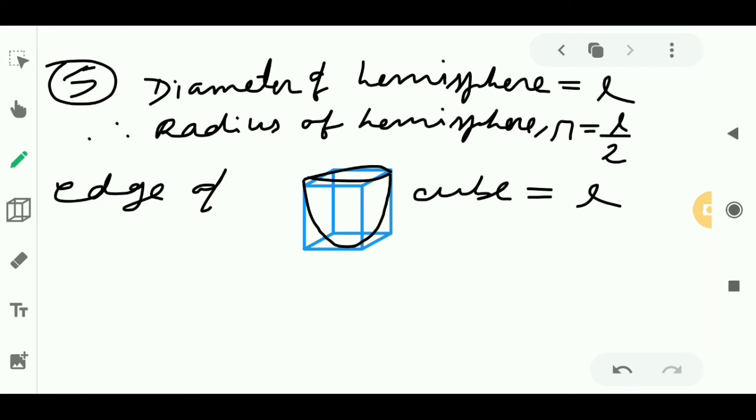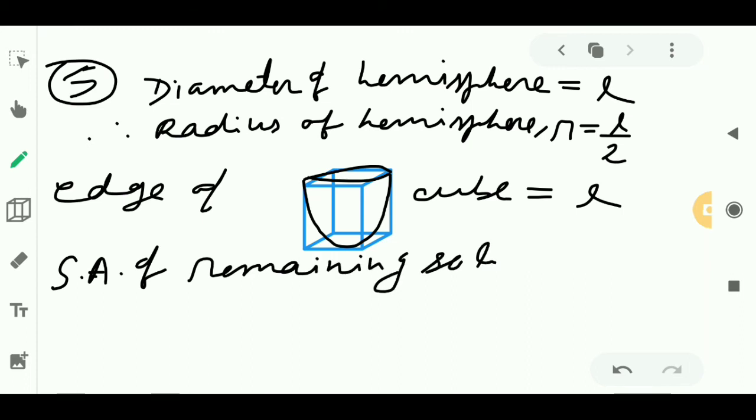So to find out the required surface area of the remaining solid, at first we will take the total surface area of the cube. Then for the hemisphere, this curved surface is inside only, this one is needed.